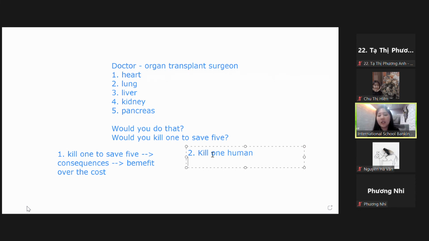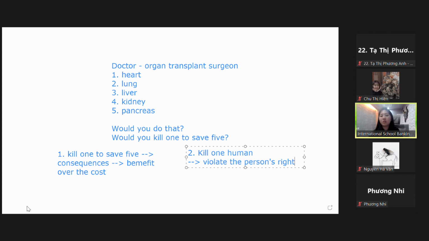So when you kill one human, from one perspective, you violate the person's rights. If you remember, Uncle Ho said in his speech that as humans, we have certain rights that can't be violated.